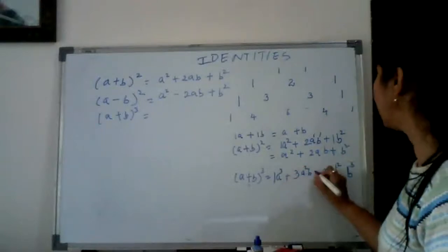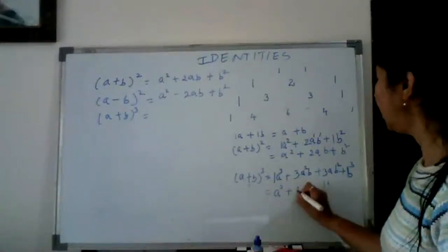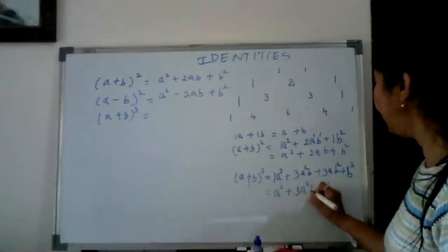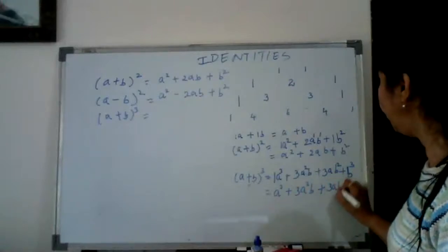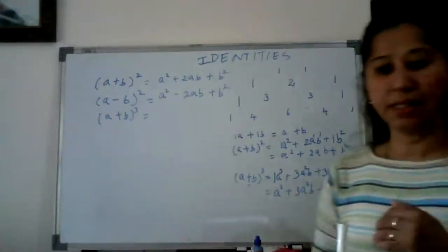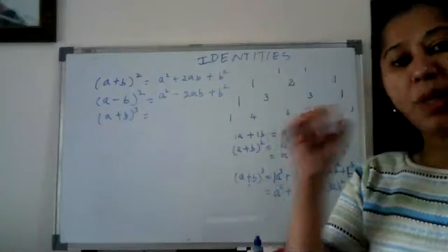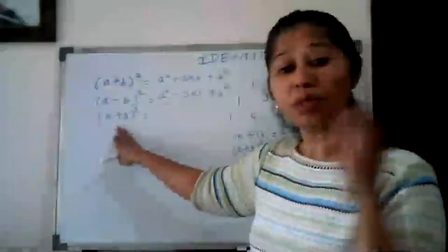With the plus sign, what did you get? It is a cube plus 3a square b plus 3ab square plus b cube. Did you get this? Or you can just remember the coefficients as 1331. And what is the other point?